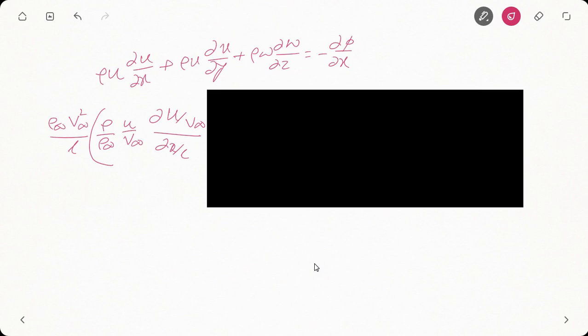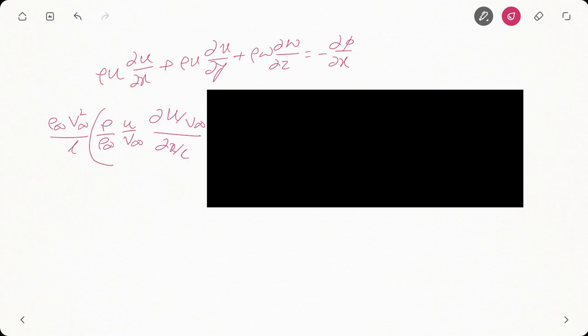So the same thing goes here, and then we have inside v upon v infinity by dou y, and similarly we have rho upon rho infinity, and then w upon v infinity, dou w by v infinity divided by dou z, and then equal to, now this comes here.